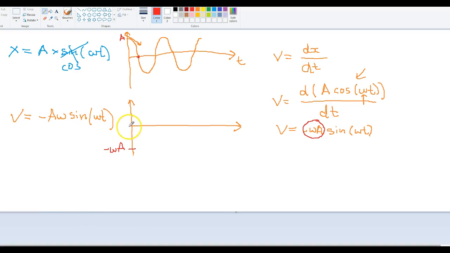Sorry, correction: when the angle omega t is 0, which is here, we actually start at 0. But we're going to head in the negative direction.